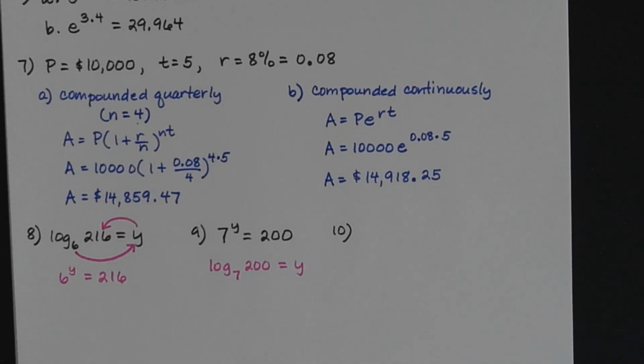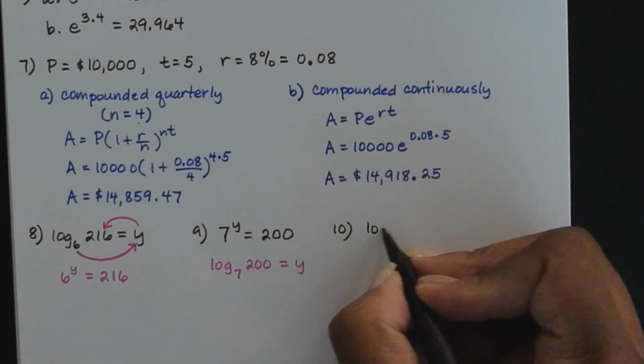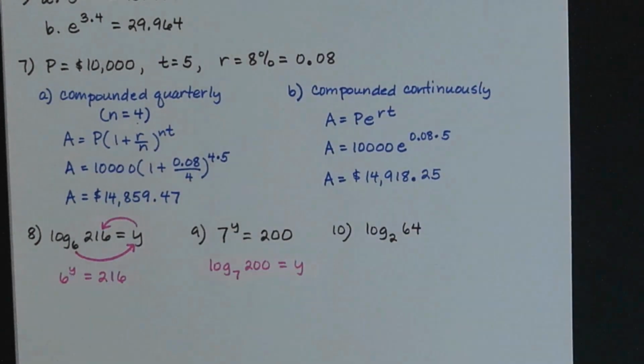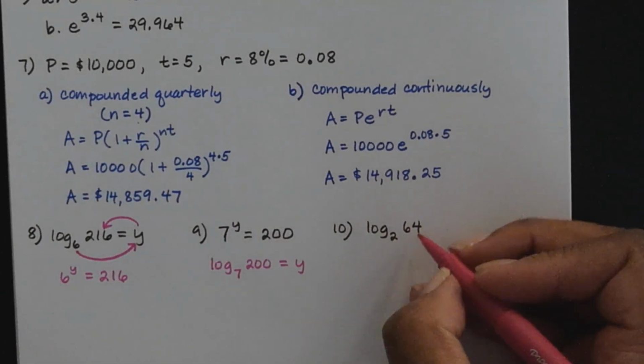Number 10 is to evaluate the expression log to the base 2 of 64. So in other words, we're trying to find the missing exponent here. Anytime you're taking the log of something, you're finding the missing exponent.